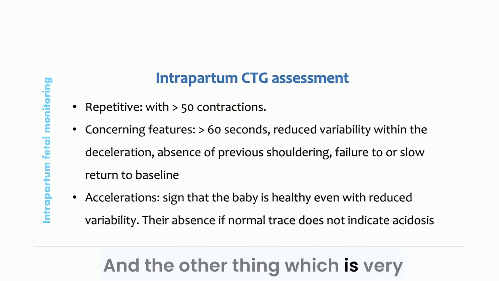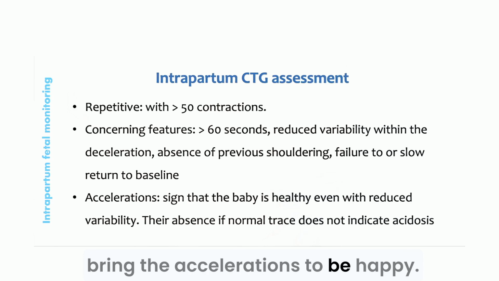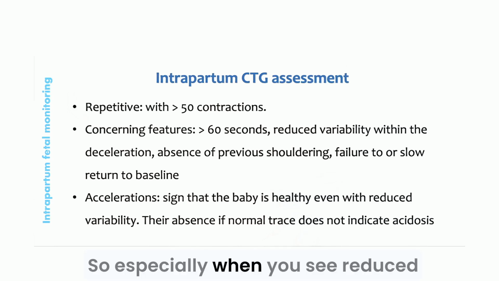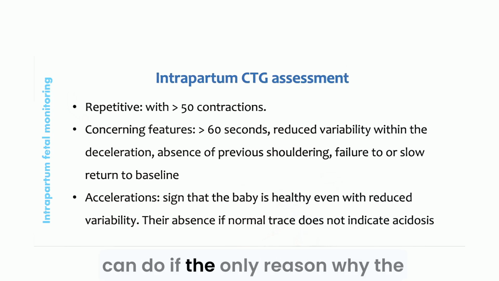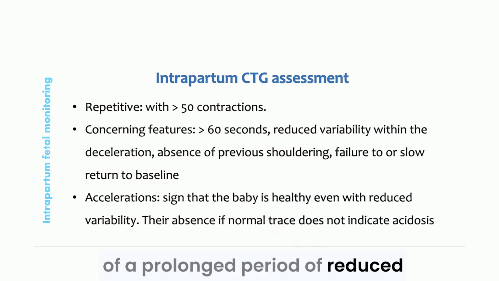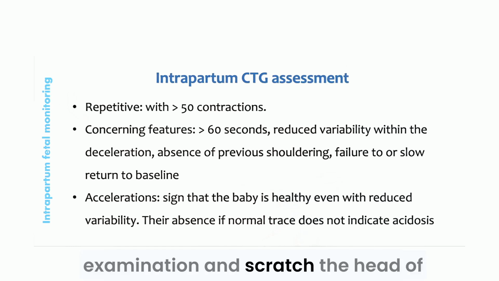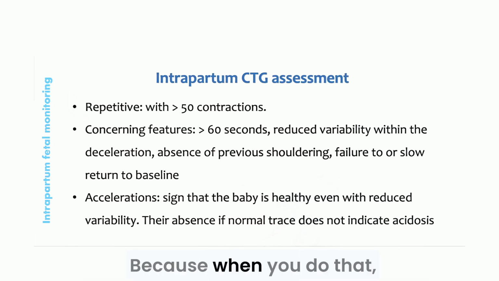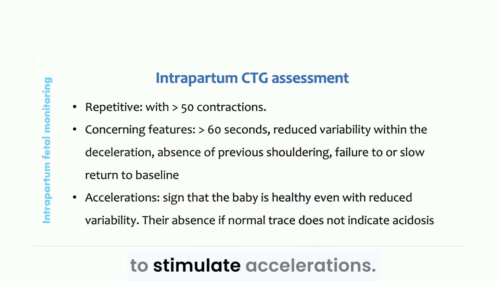The other very important thing is that sometimes we have to bring the accelerations out. Especially when you see reduced variability, if the only reason the CTG doesn't look right is a prolonged period of reduced variability, one thing you can do during an examination is scratch the head of the baby. When you do that, you're likely going to stimulate accelerations.